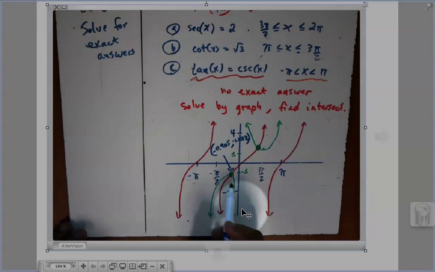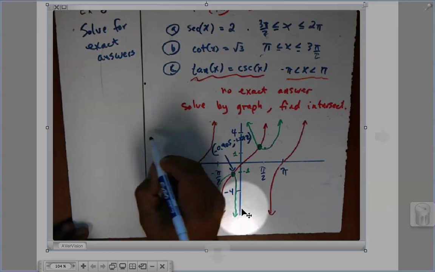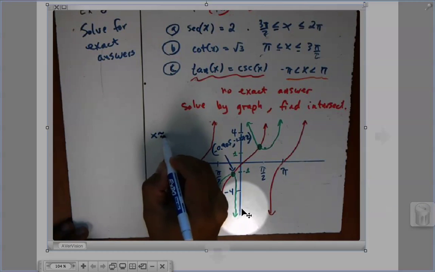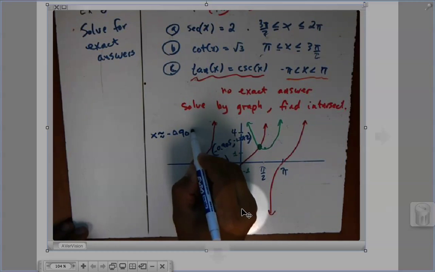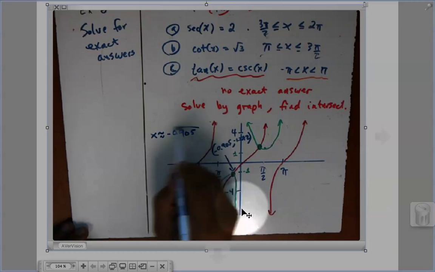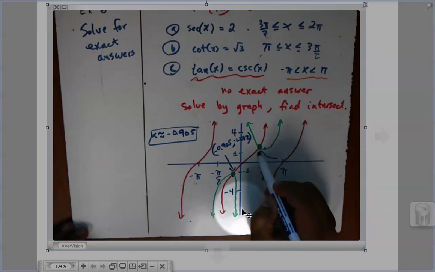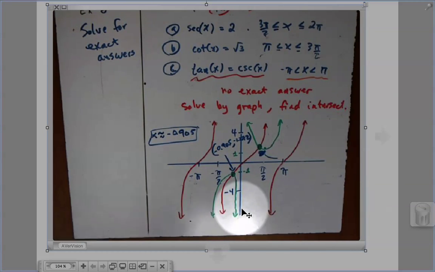And gosh, this is getting sloppy, so I'm just going to write it to the side here. X is approximately negative 0.905. Okay, that's one answer. And I need to find this point right here to get my other answer.